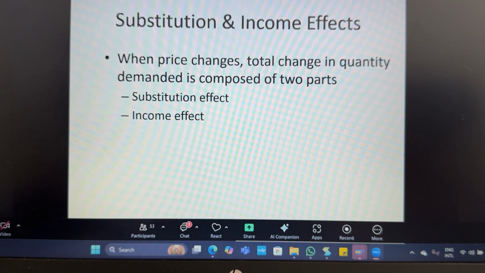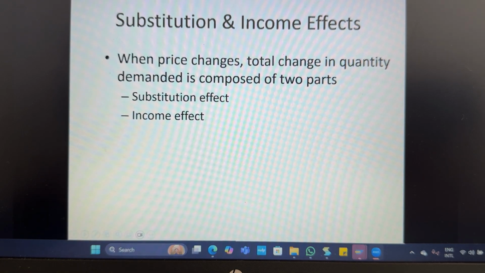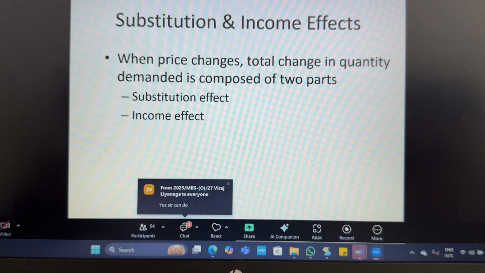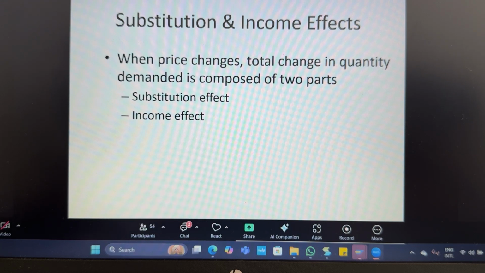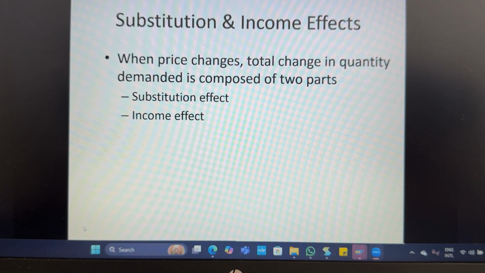Now, you know what the law of demand is. How can you explain it again? When the prices increase, quantity demanded decreases, and when prices decrease, quantity demanded increases, when other factors are held constant.